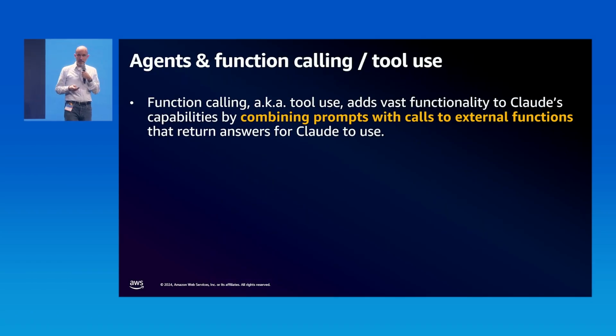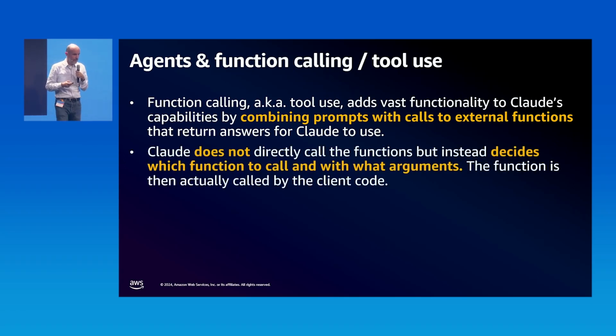Another thing that our customers like to use with LLMs is called agents. So agents and function calling. How does it work? Well, instead of just injecting documents from a search engine like with retrieval augmented generation, you can go one step further and tell the model, hey, model, Claude in this case, you actually have access to some tools. Let me explain how those tools work. And then you give it a prompt-engineered version of an API specification.